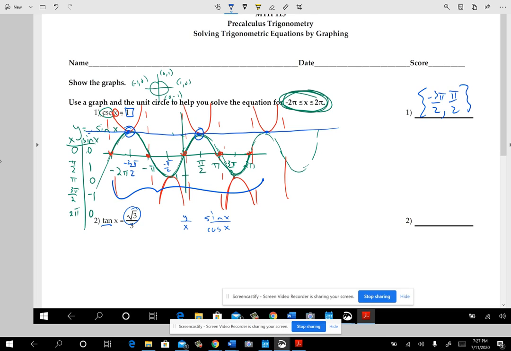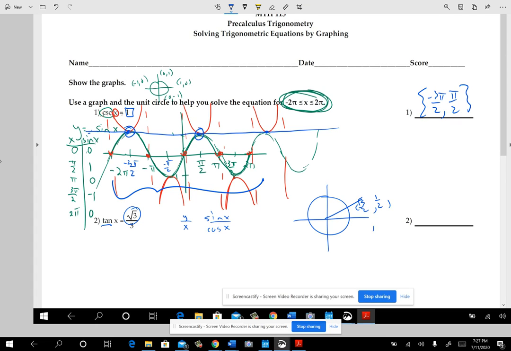So it turns out when you look at the unit circle, do you see how the ordered pair for pi over 6 is square root of 3 over 2 and 1/2? And so it might come from there. So you try it.